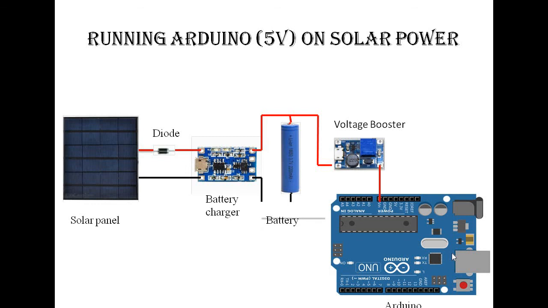Simply we connect the positive terminal of the voltage booster to the Vin input of the Arduino and the negative terminal of the voltage booster to the ground terminal. Here we completed the diagram. Just using this solar panel we can operate this Arduino board.